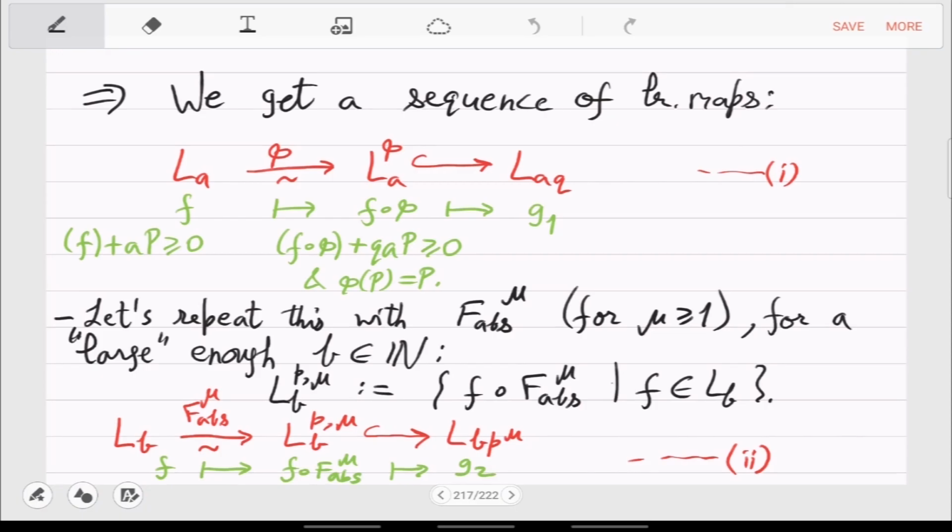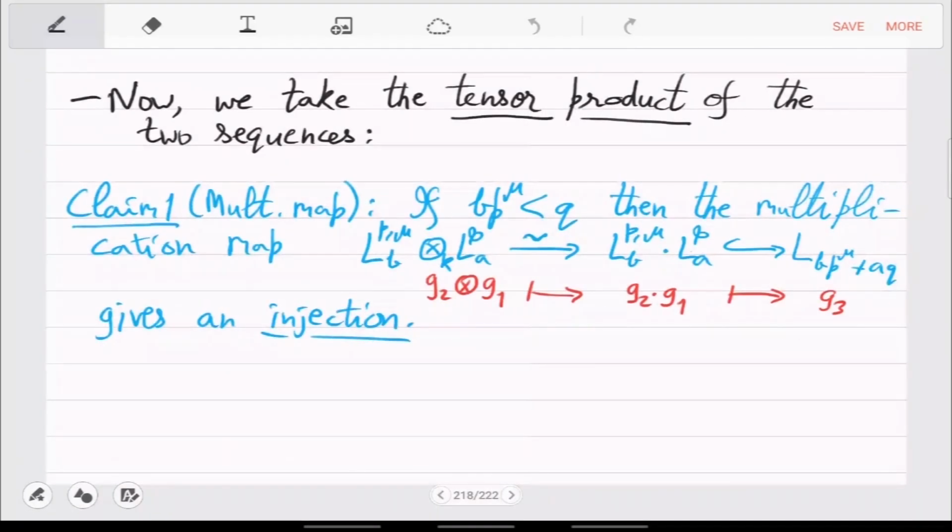Now what we will do is multiply these two sequences. How do we multiply? We formalize it by the tensor product of vector spaces. So that's the multiplication map.